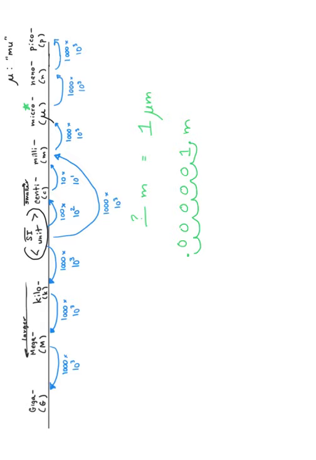This process of coming up with equivalent measures using different metric prefixes is known as coming up with a metric identity. Metric identities give us exact equivalences between different prefixed measures. A metric identity says that 1 kilometer is the exact same thing as 1,000 meters, or that 1 micrometer is exactly the same thing as 1/1,000,000th of a meter.